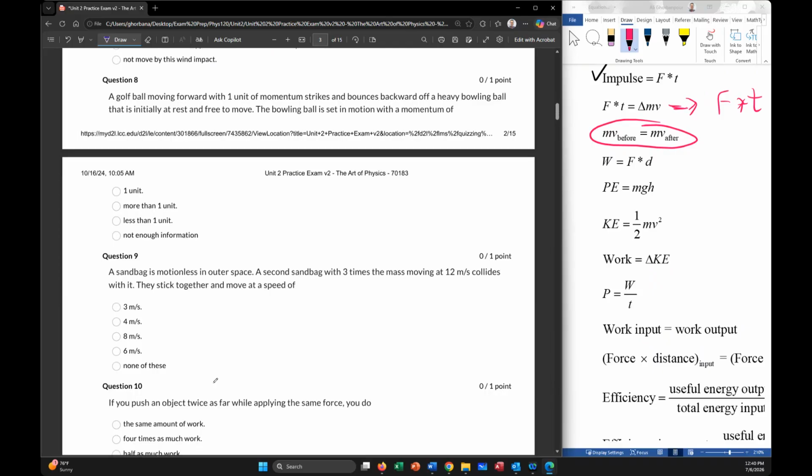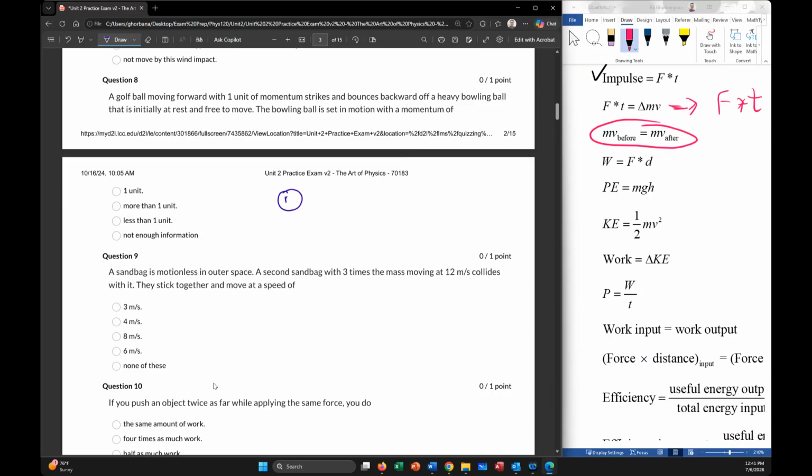Number 8. A golf ball moving forward with 1 unit of momentum strikes and bounces backward off a heavy bowling ball that is initially at rest and free to move. That's a really good question, so I need to go one by one. There is a golf ball moving forward with 1 unit of momentum.